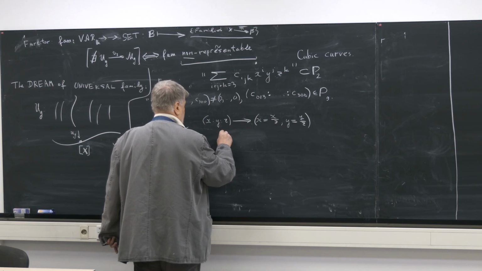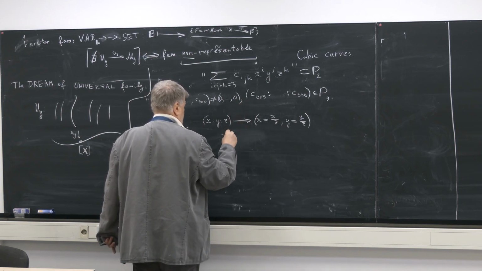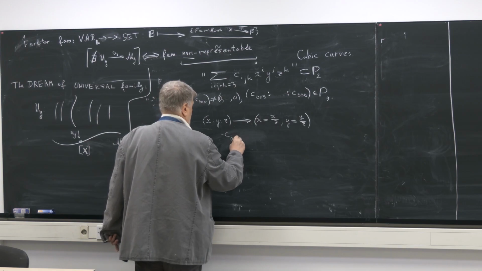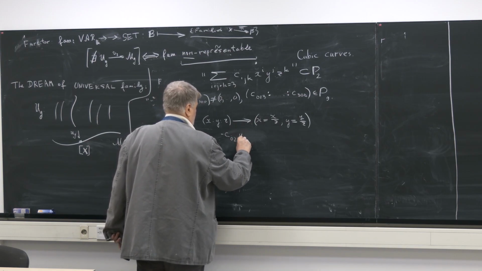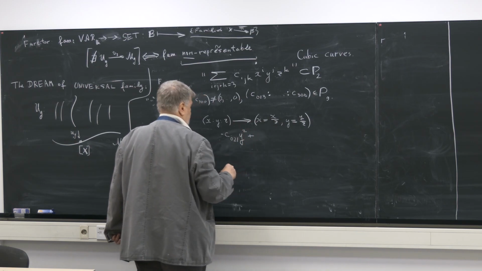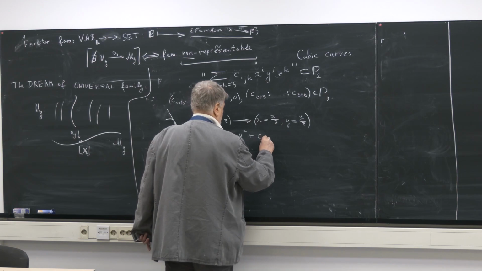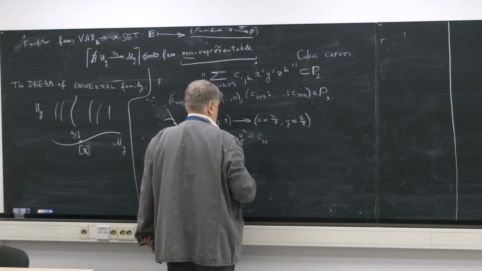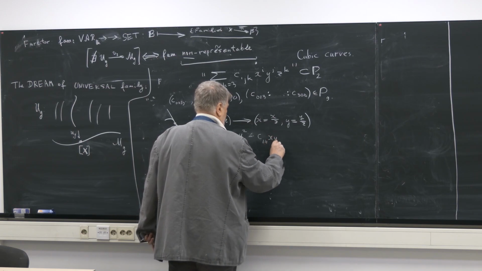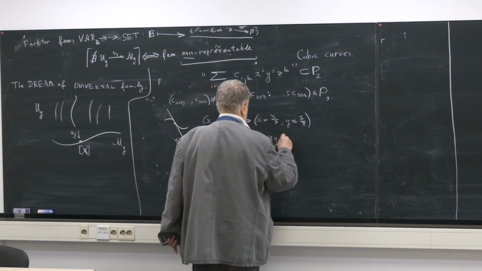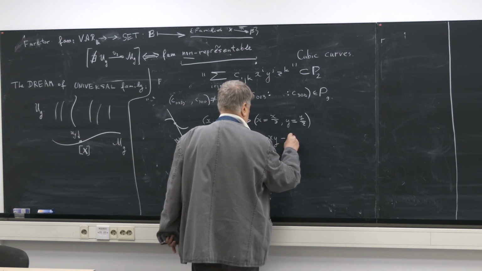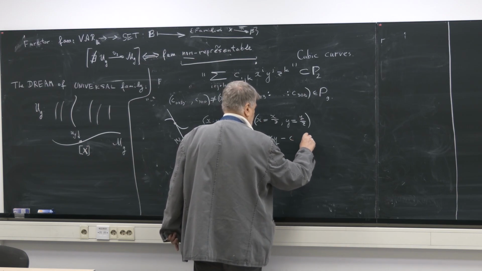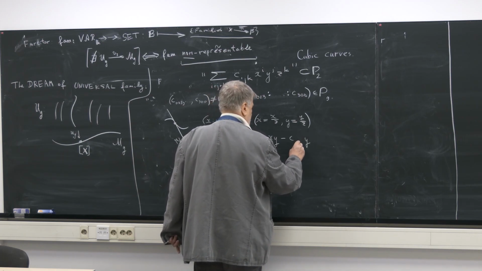So y squared is minus c_021 y squared plus c, I guess, minus c_111 x y minus c_012 y, that is, it was 0, 1, 1.